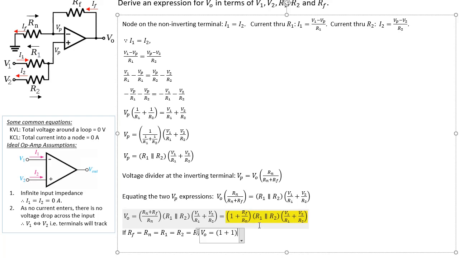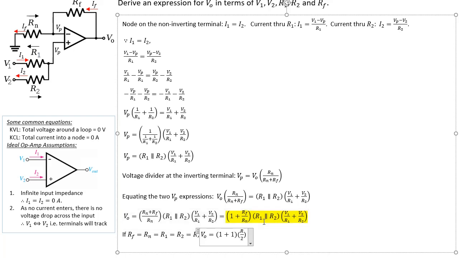That's basically R times R divided by R plus R. So R times R is R squared, divided by R plus R, which is 2R. So R squared over 2R, the R's will cancel out, leaving just one R at the top and the number 2 at the bottom. That's what that's going to be.